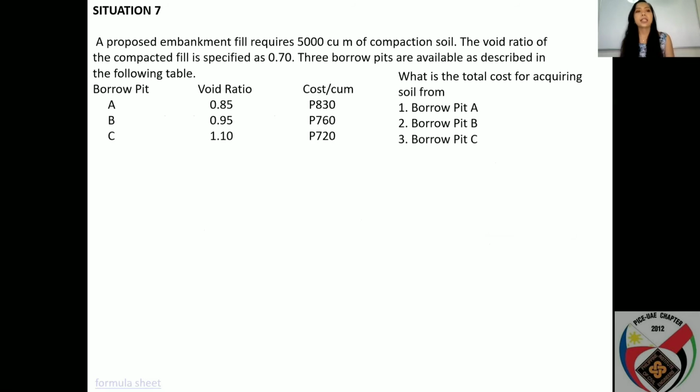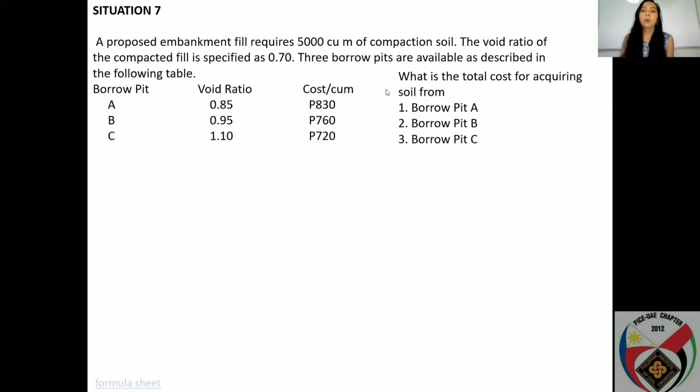I have borrow pits A, B, and C. Their void ratios are 0.85, 0.95, and 1.1 respectively. The cost per cubic meter is 830 pesos for borrow pit A, and for B and C, it's 760 and 720 respectively.